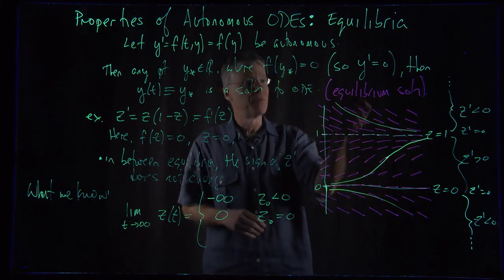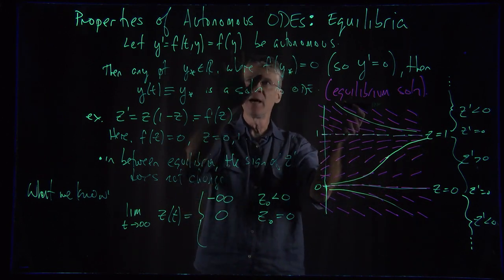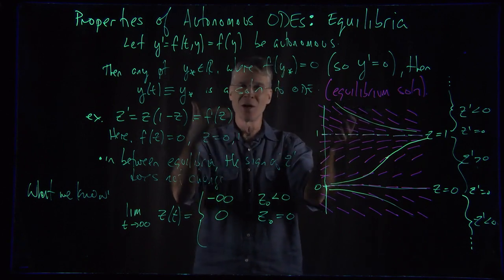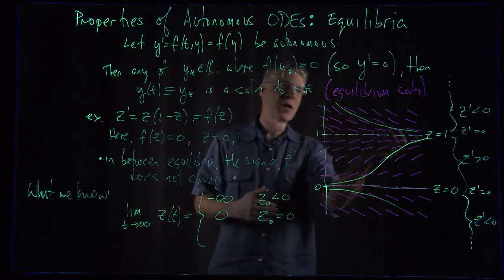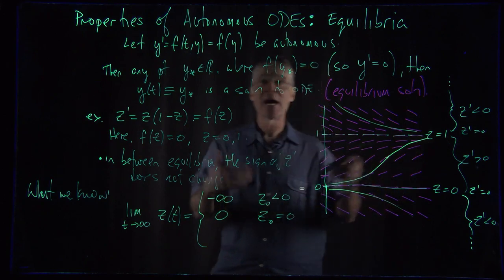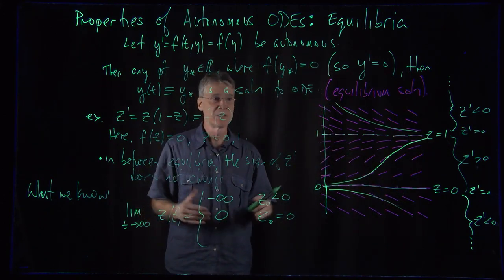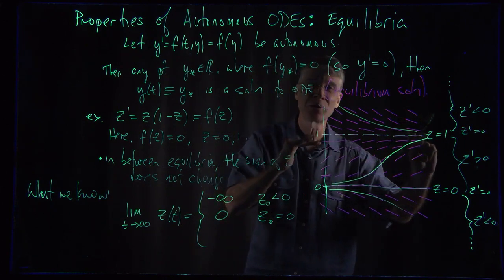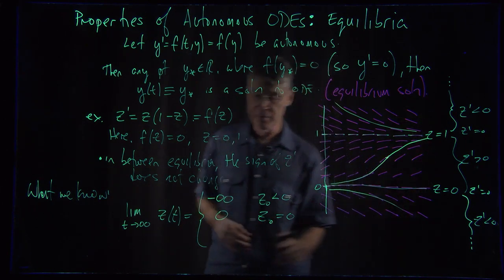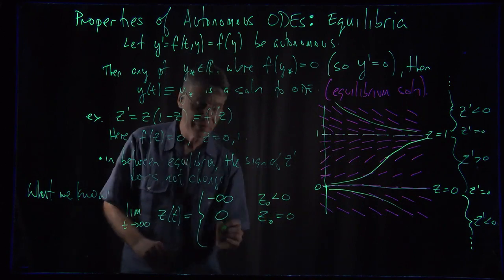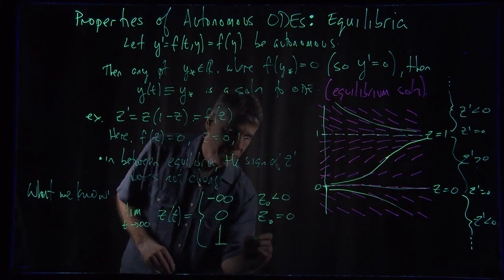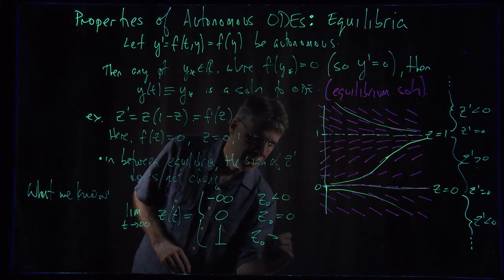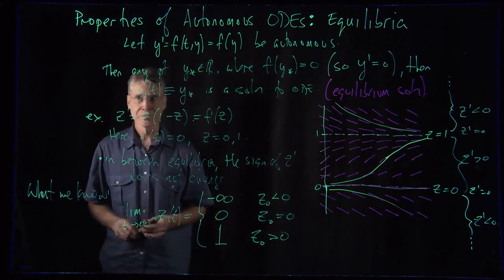Anything that starts above 1, because f of z for z above 1 is always negative, will have to drop, and it can only drop down to 1 because these slope field lines are always negative. No matter how close I get, they will remain negative. So one conclusion I can draw from this is that this will be 1 as long as z0 is greater than 0.